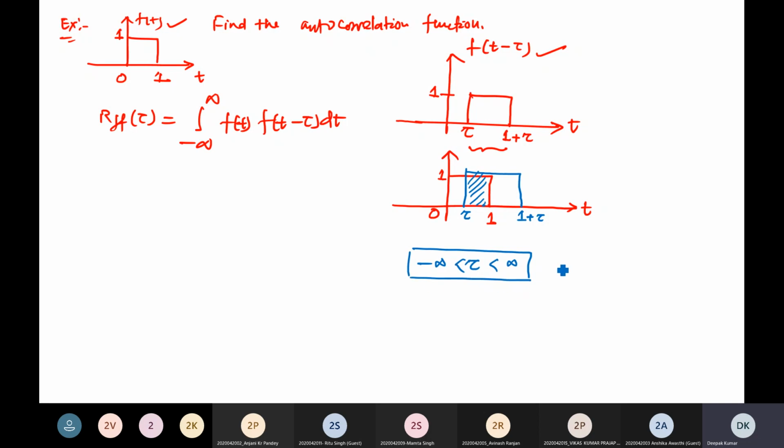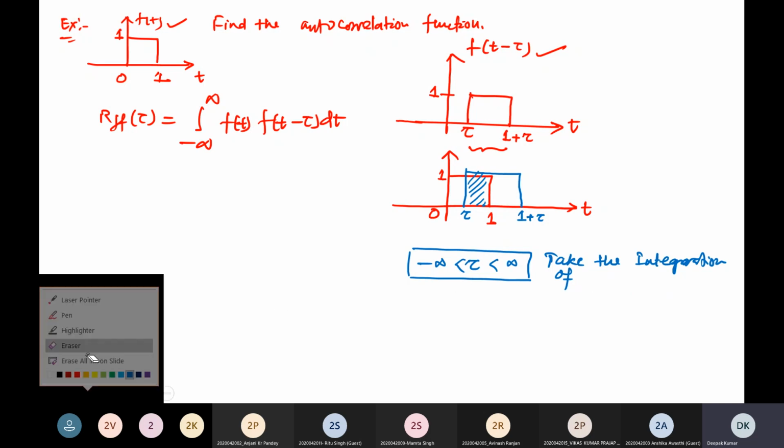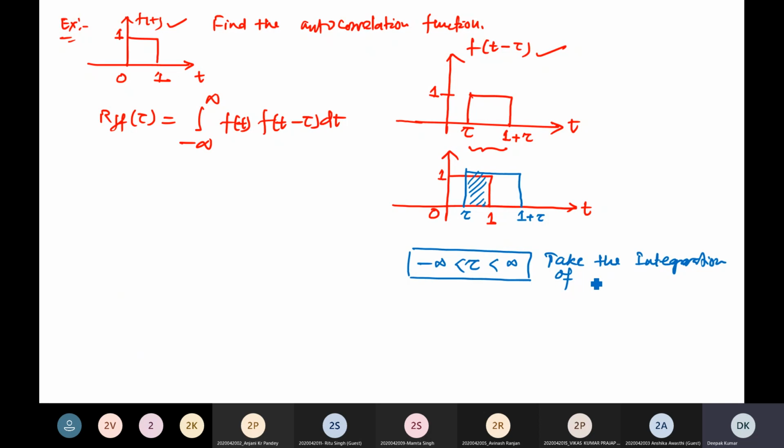Take the integration of the overlapping part. So in this way you have to find the convolution, the correlation, of the function.